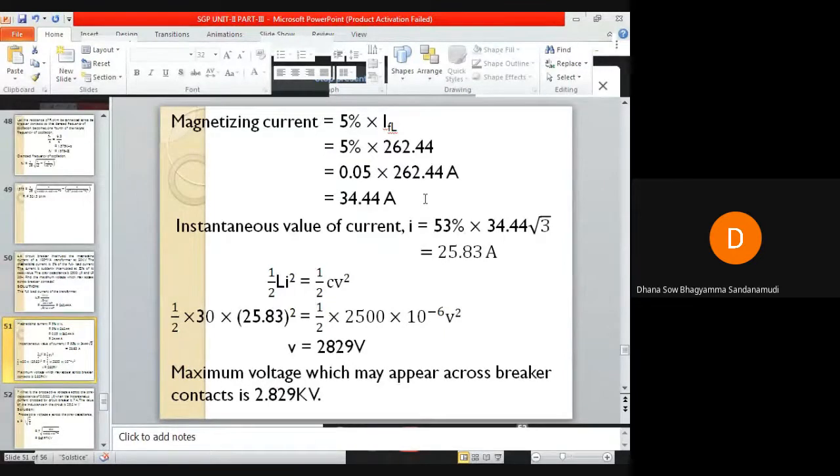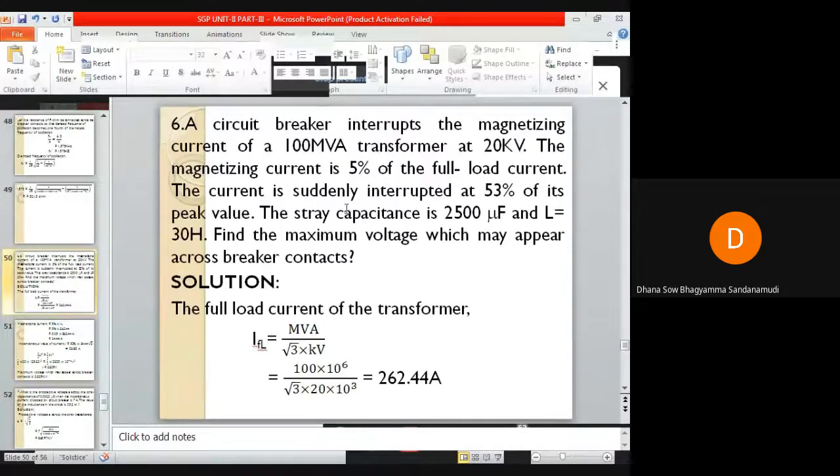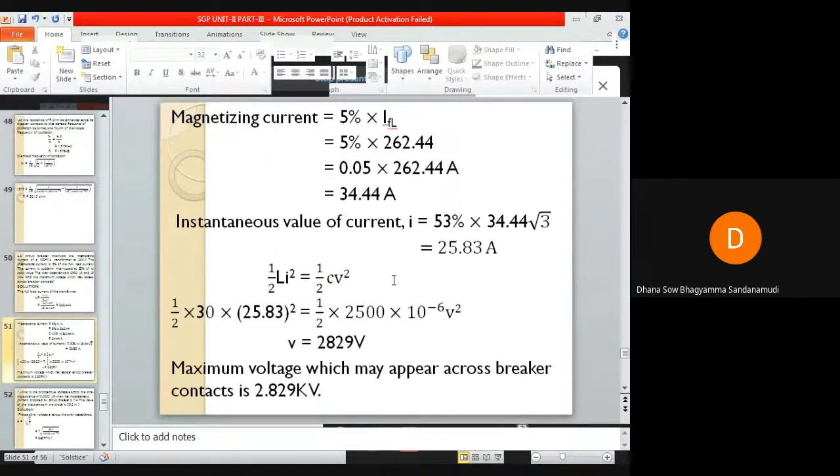One more thing mentioned here is the current is suddenly interrupted at 53% of its peak value. So this is our low inductive current.